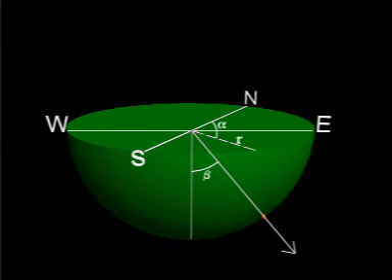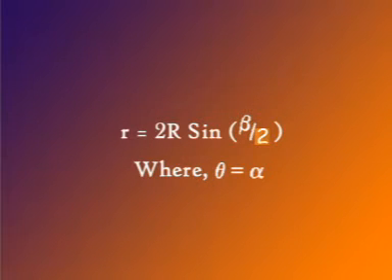Now, to transform it to a two-dimensional figure, we transform these coordinates to plane polar coordinates r, theta, where r is given by 2R sin(beta/2) and theta is alpha.